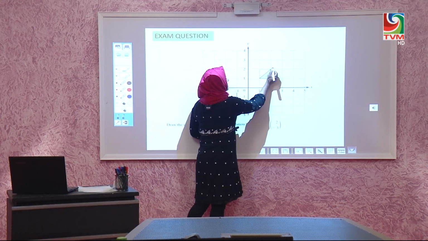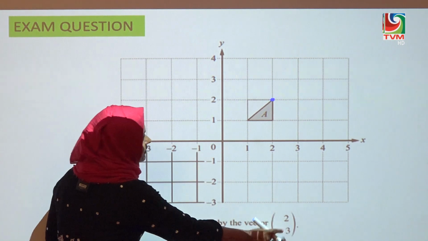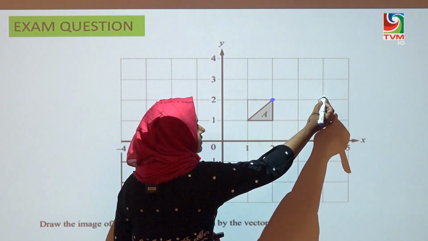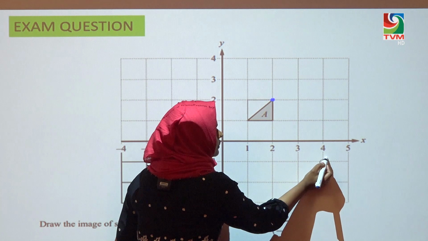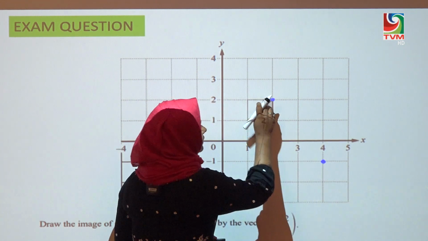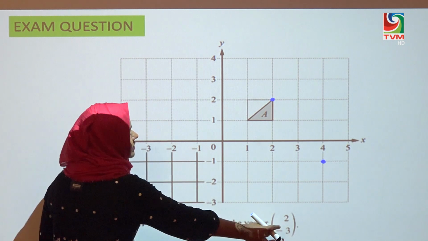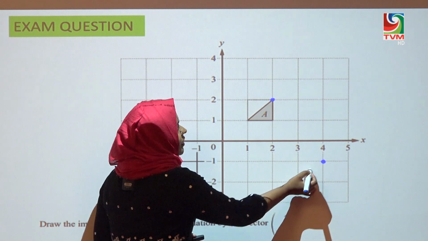So you can mark a point on the object, so move the point 2 units to the right and 3 units down. 1, 2, that is 2 units to the right, now 3 units down, 1, 2, 3. So the point here on the object goes here after a translation by this vector 2, minus 3. Now we can fill in the remaining parts of the shape.